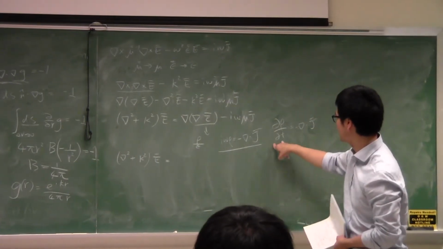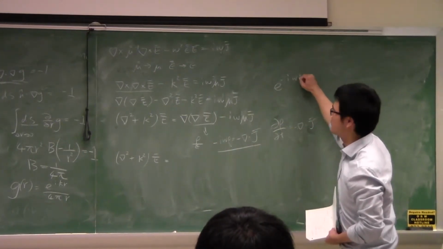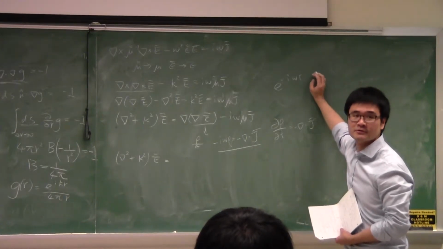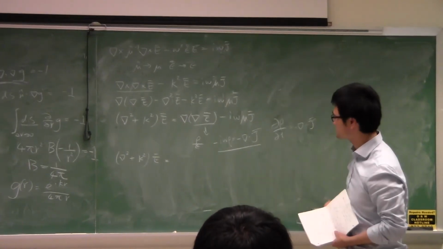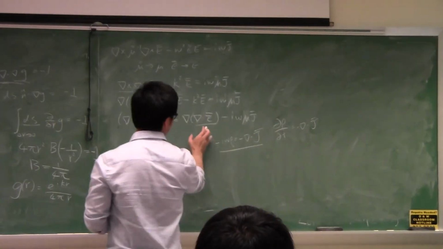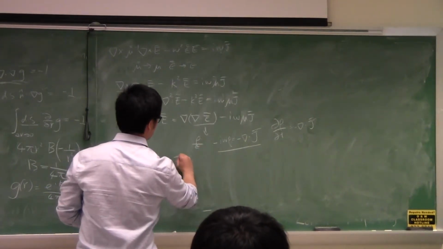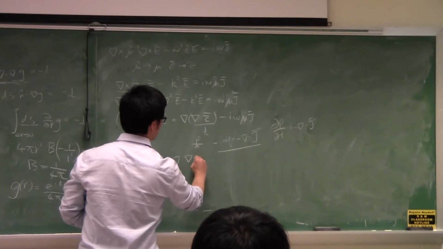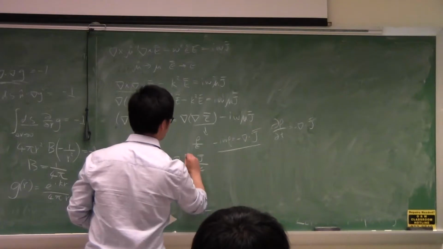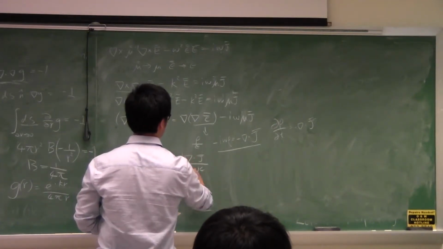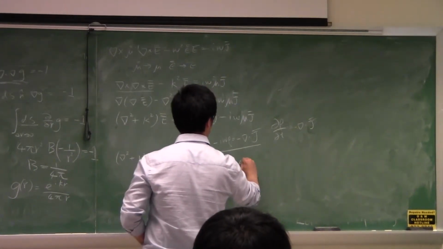So actually, I'm missing a minus sign here, because keep in mind that we're using the e to the minus i omega t convention. So this will have a minus sign here. So now this becomes gradient of divergence J over i omega epsilon, minus i omega.